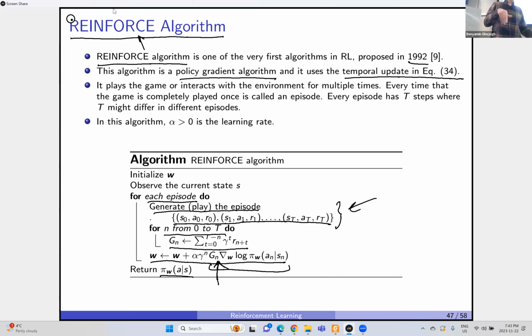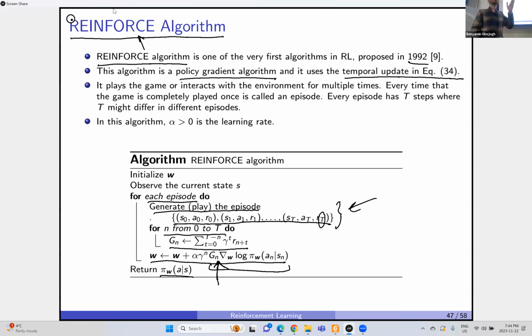When I say you, I mean the machine. So it played well until the middle, and then it played worse later. What happens? Consider that we are using G_n, so G_0 until G_T. By the way, capital T is the number of total states and actions until the end, so how many time steps I have in this episode.